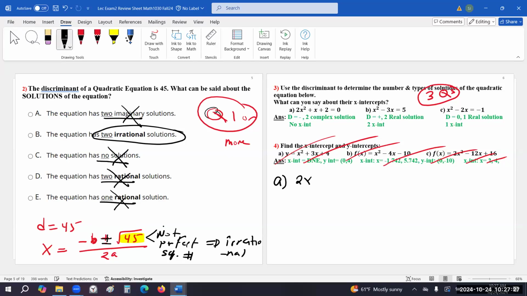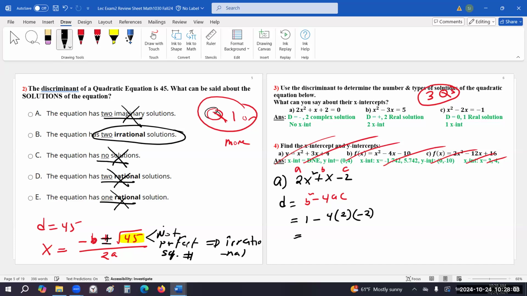So A says here 2x squared plus x minus 2. And our discriminant is b squared minus 4ac. So we have A, we have B, and we have C. So what is B? So we have 1 squared minus 4 times, what is A? And C? Come on, guys.